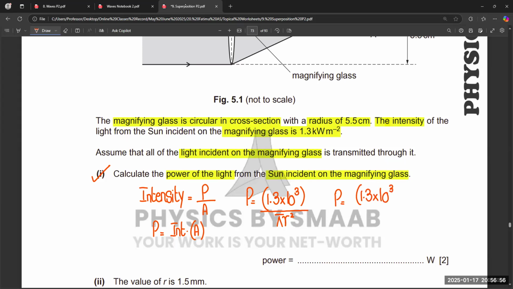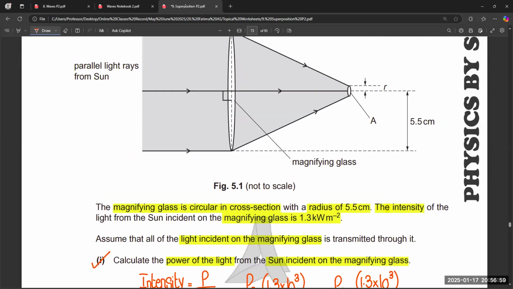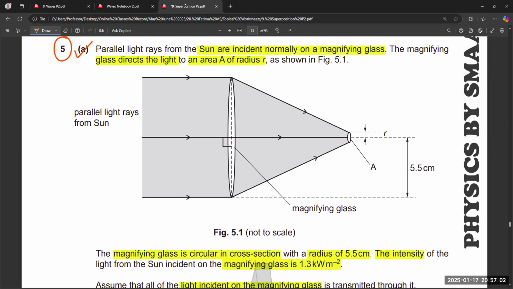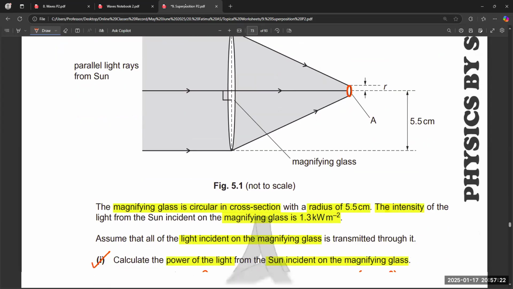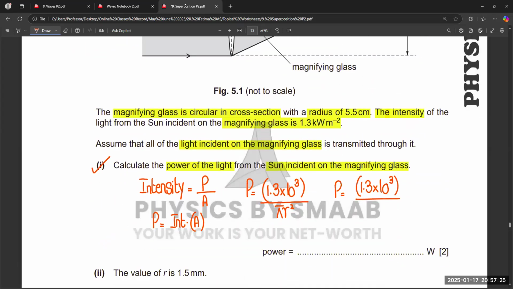It is the area of the circle, the cross-sectional area, like in a hollow tube or pipe. If we are using a pipe, this is the cross-sectional area of that pipe, like the area of the mouth of the pipe, right? The value of r is 5.5, and we need to convert it into meters: 0.055.